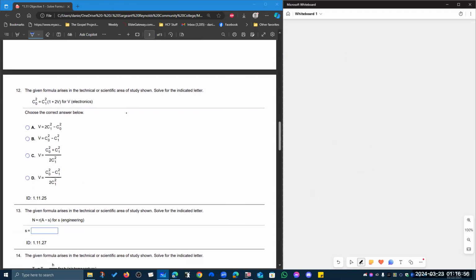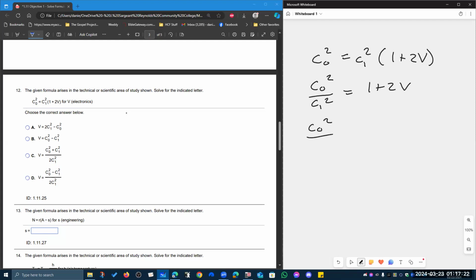Now we have the formula C naught squared equals C1 squared times 1 plus 2V. All of these are capital letters. Solve for V. So we're going to take C naught squared divided by C1 squared is equal to 1 plus 2V.